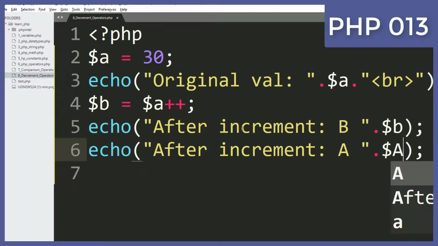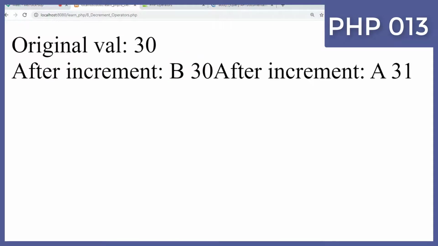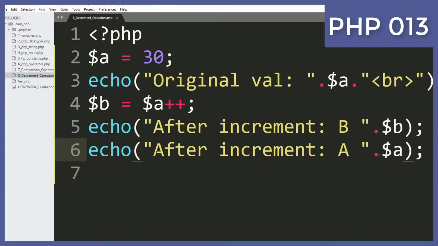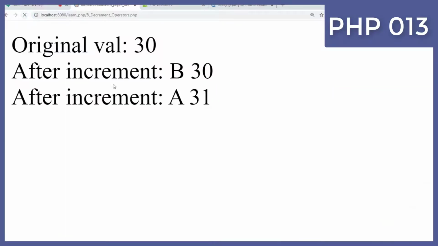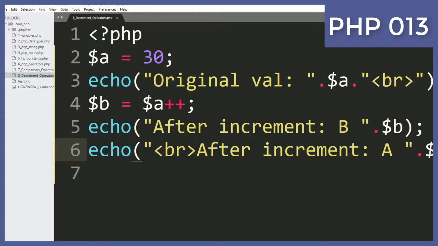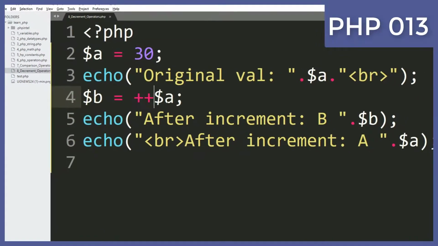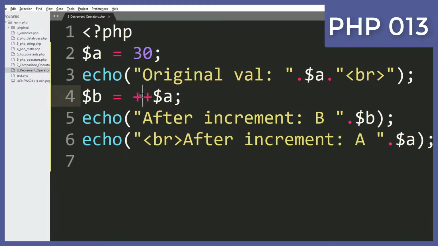If I put here A, let me put some B so that you can see the difference. You can see A has increased, but B is still at 30. Why? It did post-increment. But if you do pre-increment, it will first add and then return the new value.